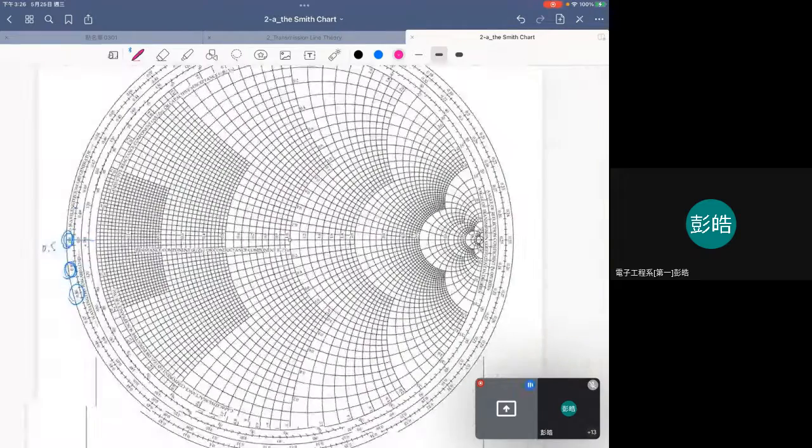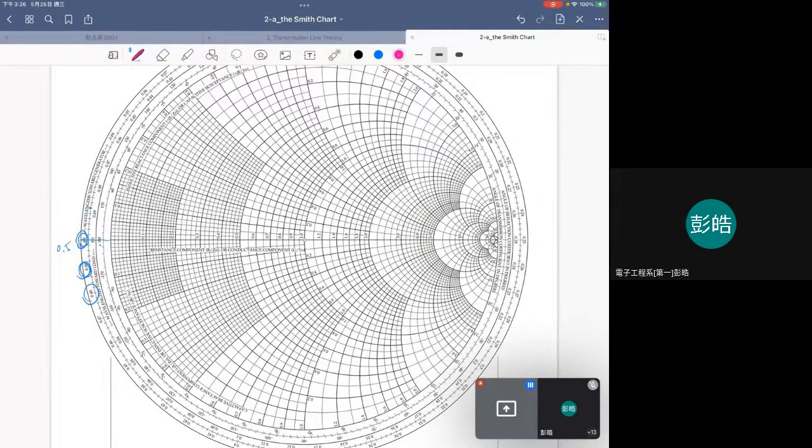chart because you make a circle, right? You make a circle. I didn't make it very perfect, but you will know the center of the circle is in the middle. There will be a radius R, right? This is the radius, and this R is the reflection coefficient.